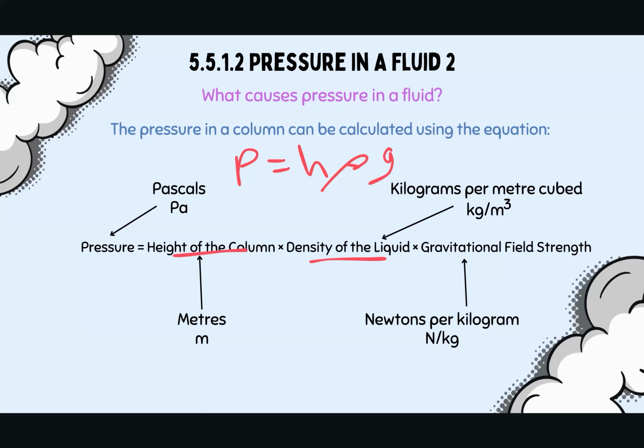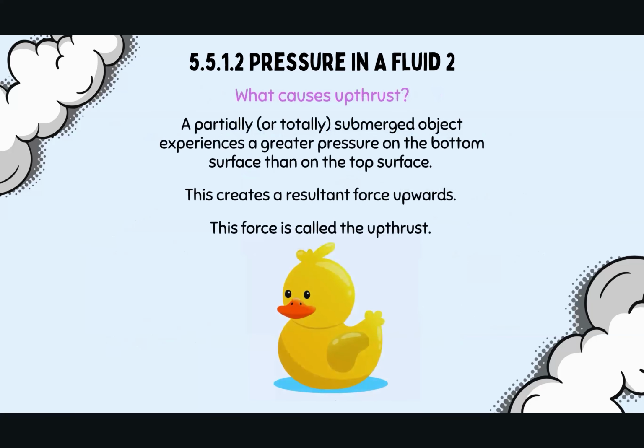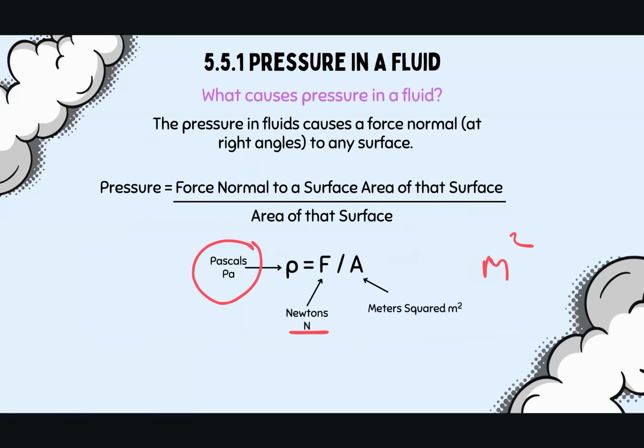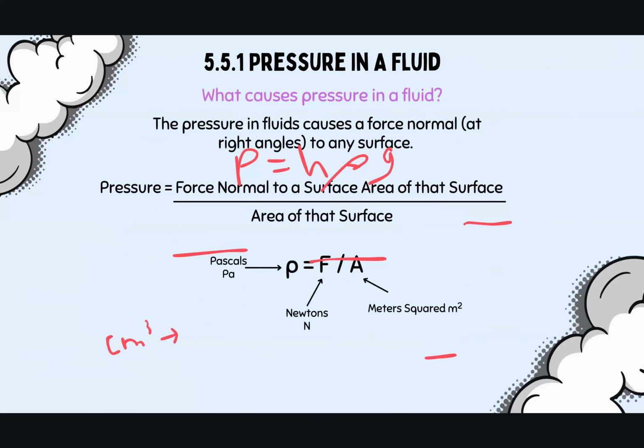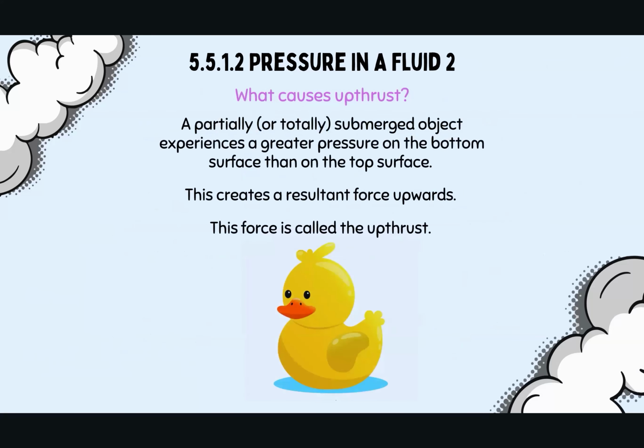Height in meters, so always convert from centimeters to meters. We've got density, which is kilograms per meter cubed, and gravitational field strength, which is newtons per kilogram. Again, both these formulas, you're going to be given them as they are, but just make sure you know the units.